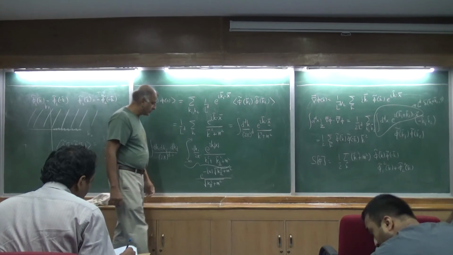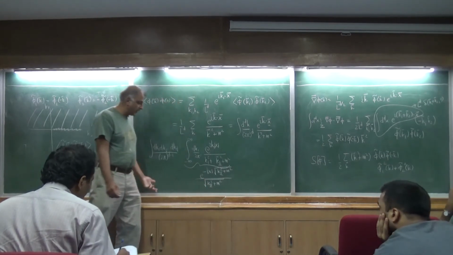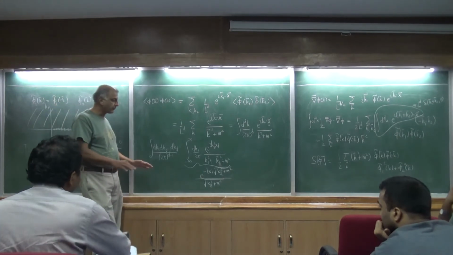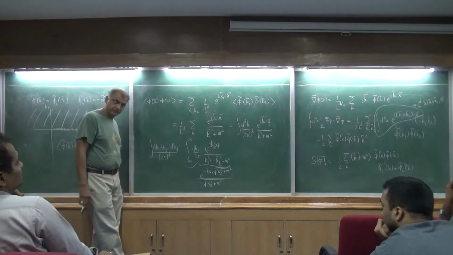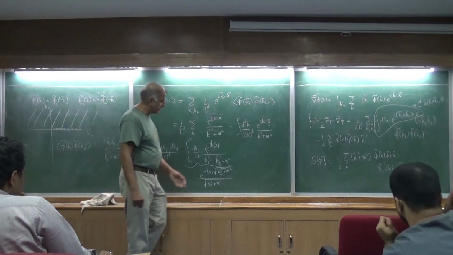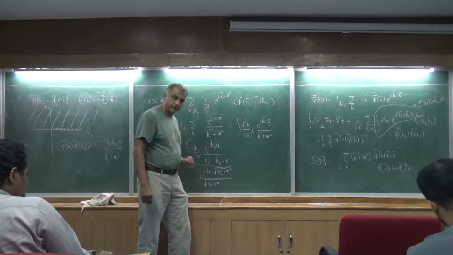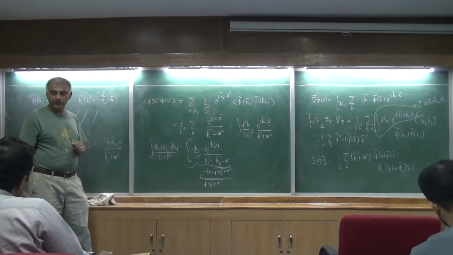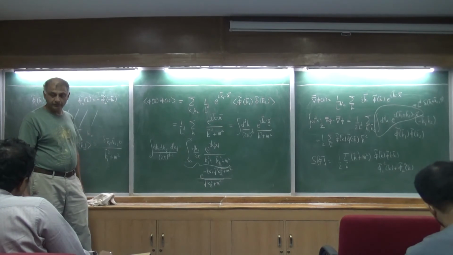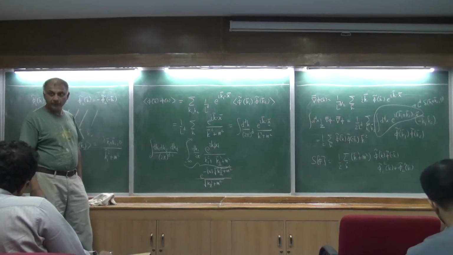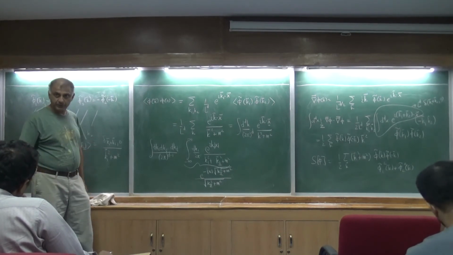Okay? Good. So now I want to know what happens to this thing as I make x very large. As I make x very large, this number becomes very large, so I can use the method of steepest descents to figure out the answer. Whenever I have an exponential with some very large coefficient, I can use steepest descents.